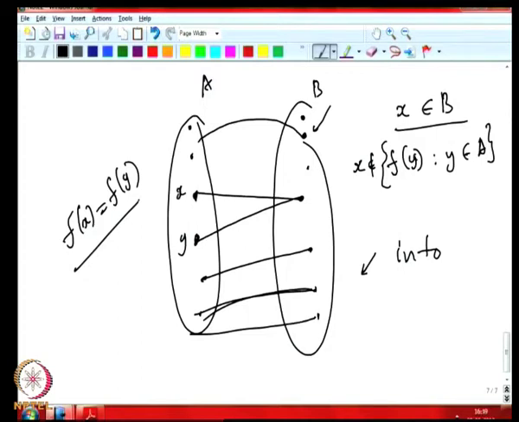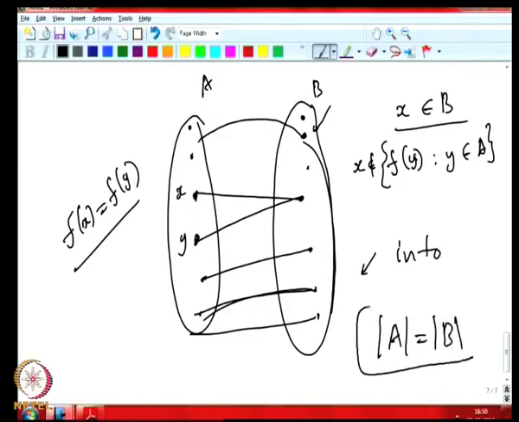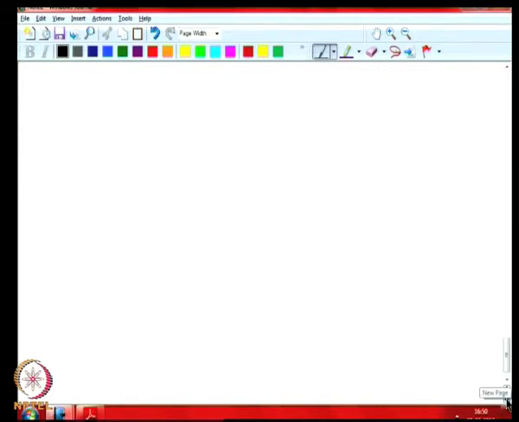When a function is into as well as onto, then every member of B has a pre-image, and it is a unique pre-image in the sense that no two elements come to the same one. So the cardinality of A equals the cardinality of B.